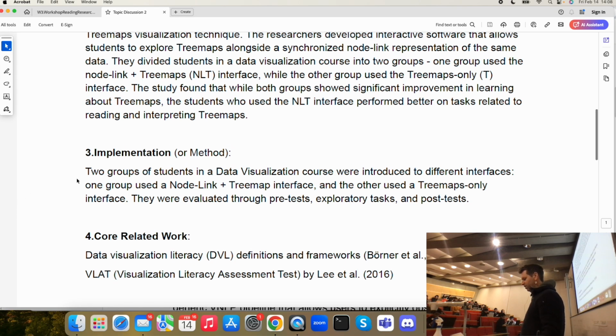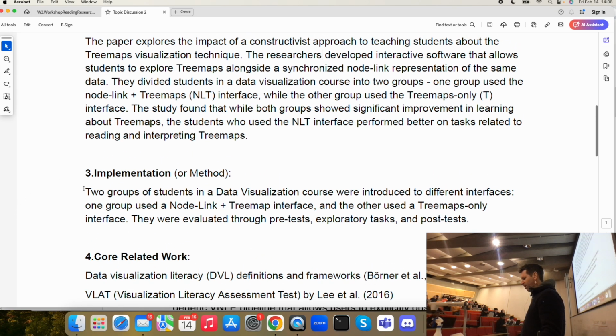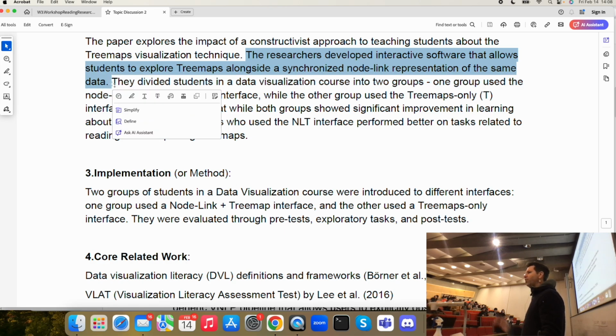Yep, this is not bad, but for this summary, I would take these two sentences, I would move these two sentences down to the implementation.